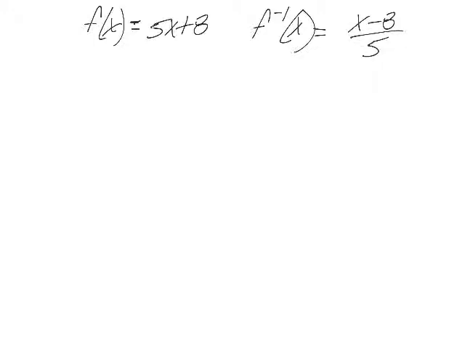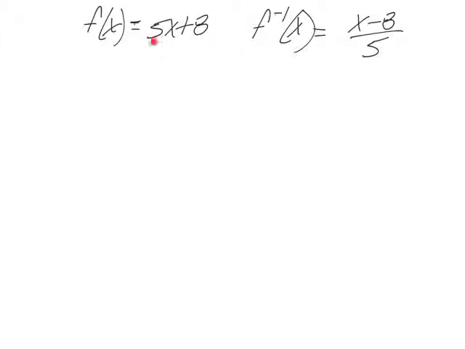So what they're asking us to do is prove that this is the inverse of this. Okay? So this and this are inverses of each other is what they're asking us to do. And the way we find out is that if we take the composite, we will get as an answer x.